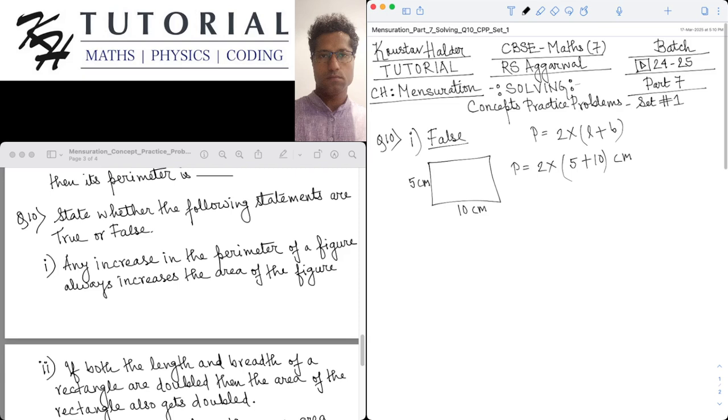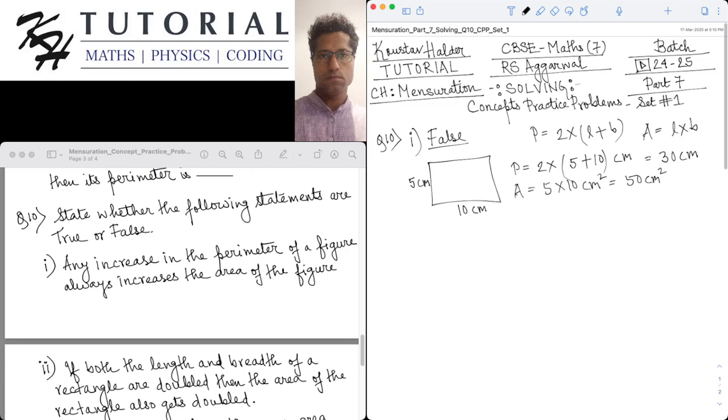But area is L into B, and L into B will decrease. So let's see. In this case, perimeter is coming to be 30 centimeter. Now area is 5 into 10 centimeter square, which is equal to 50 centimeter square.